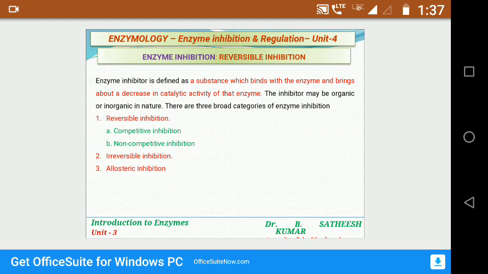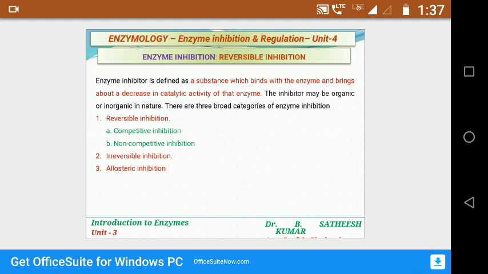So the first one is reversible inhibition. In reversible inhibition, the binding and inhibition of enzyme activity is reversible. If the inhibitor binds, the enzyme will be inhibited, and if the inhibitor is released from the enzyme, once again the enzyme starts its activity.